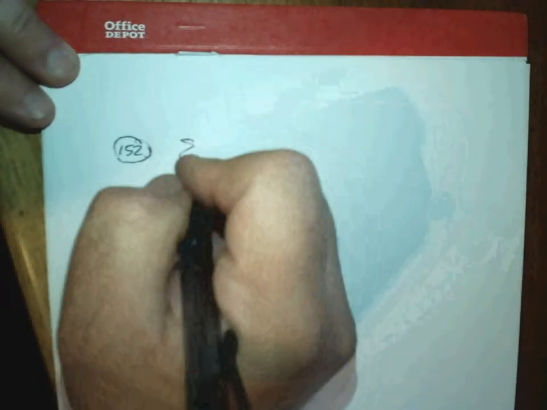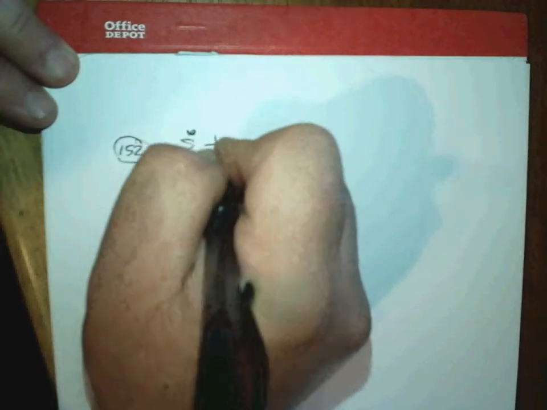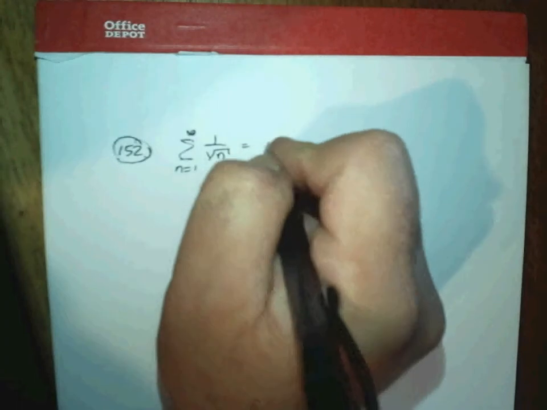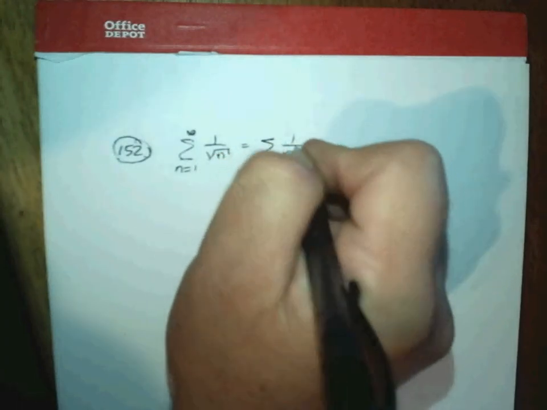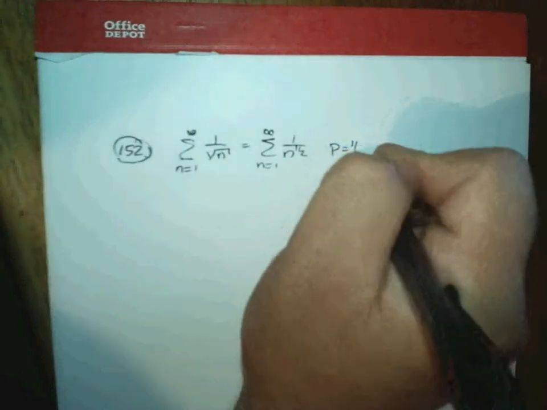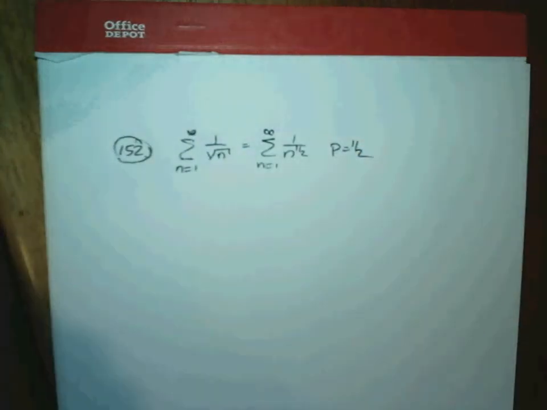Okay, so they're not expecting you to run the integral test here. They're expecting you to rely on your knowledge of the p-series analysis that we've done already. So 1 over the square root of n. Well, that means n to the half power. P is a half in this case.